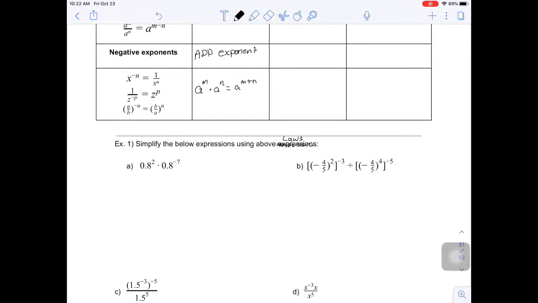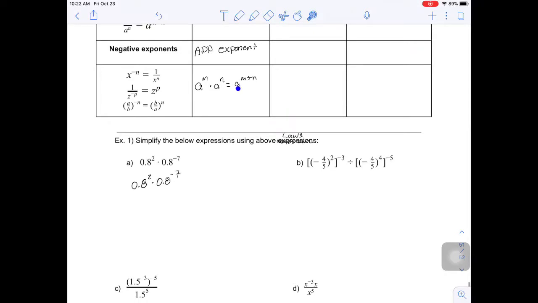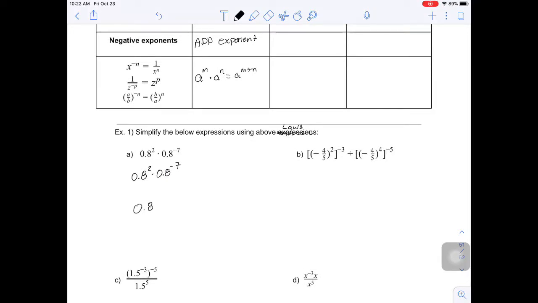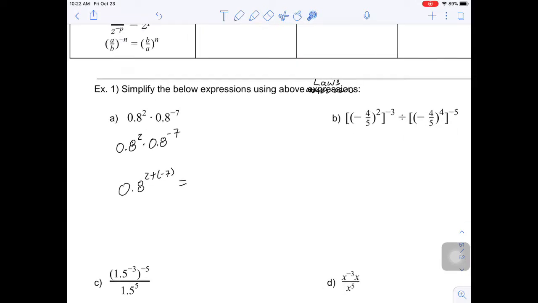I'm going to do 0.8 squared times 0.8 to the power of -7. I'm going to combine that into a single base, so 0.8, and I'm now going to add their exponents.